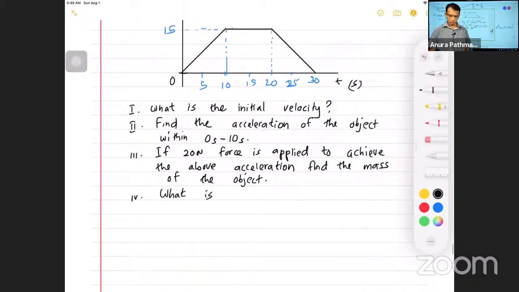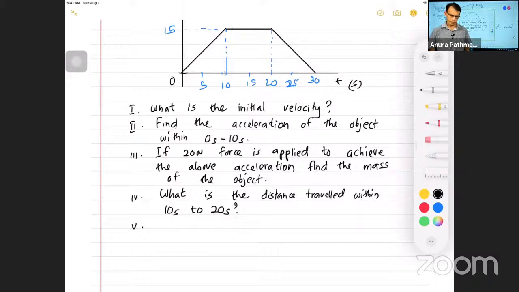What is the distance traveled within 10 seconds to 20 seconds?